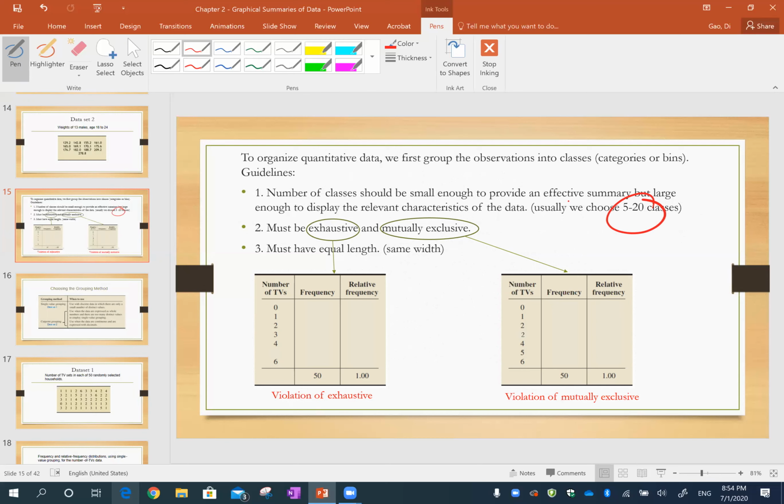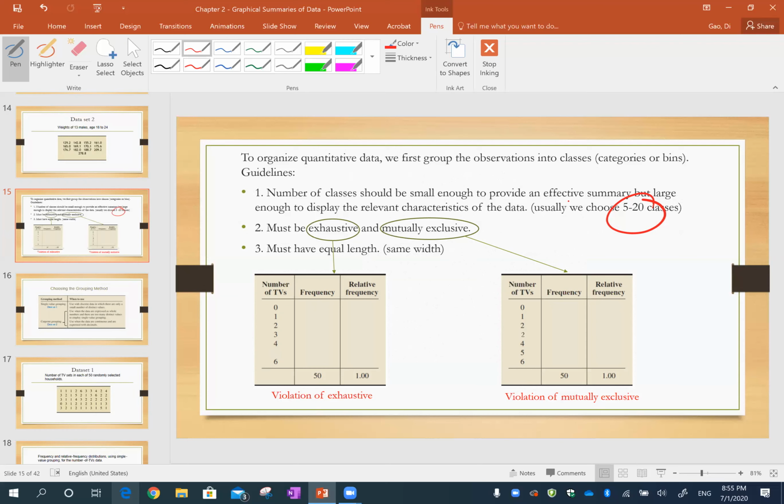The reason we want a reasonable number of classes is that, let's say we have 50 numbers in a data set, if we want to use 50 classes, then pretty much we're going to have one value for each class. Then we don't have any grouping in the organizing, so it just doesn't make sense.